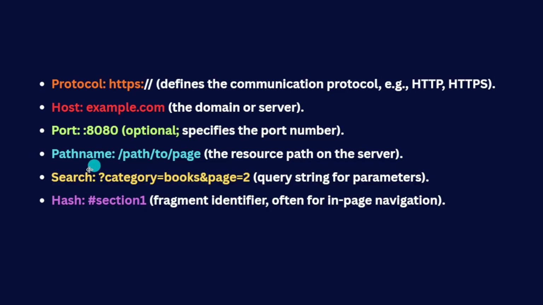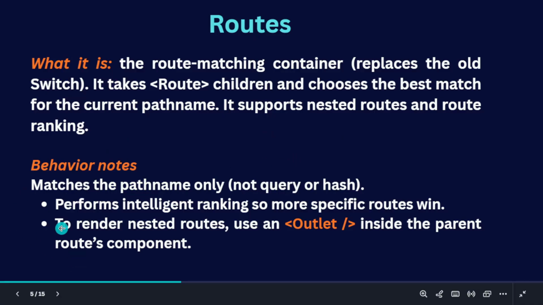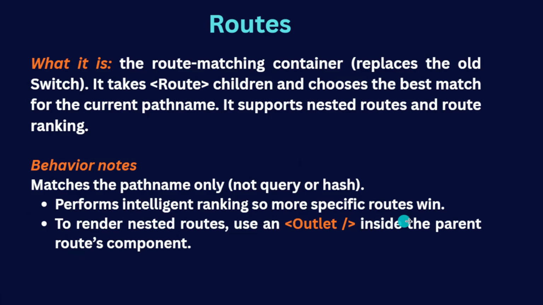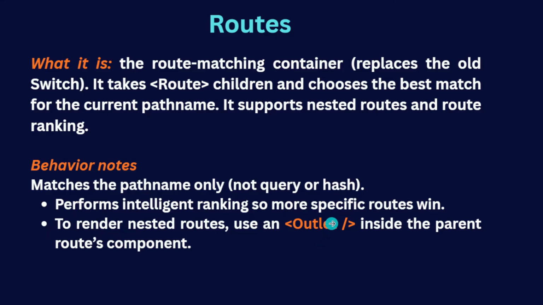So routes only deal with a path name, and perform intelligent ranking, so more specific routes win. And then to render nested routes, use outlet. We use outlet to render children inside the nested route.